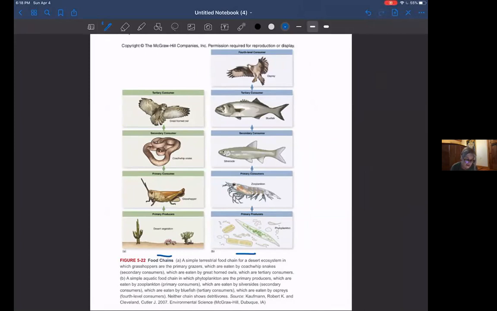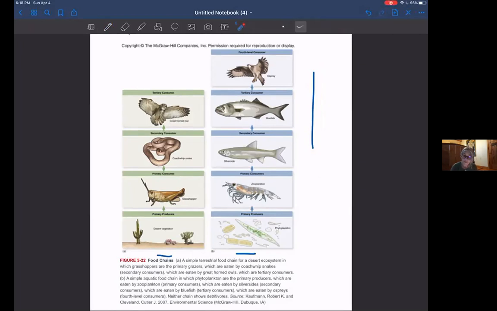And we even have a quaternary or 4th level consumer on this side of this aquatic food chain. Here we have the grasshopper eating the desert vegetation, being eaten by a snake, being eaten by a great horned owl.